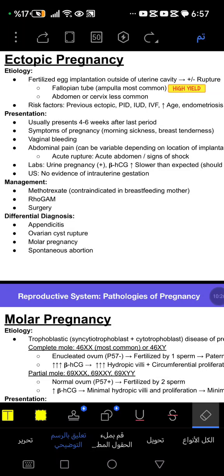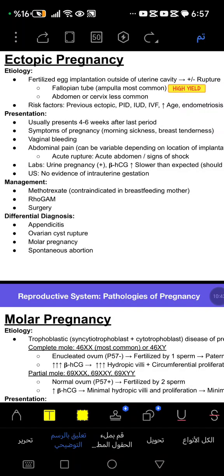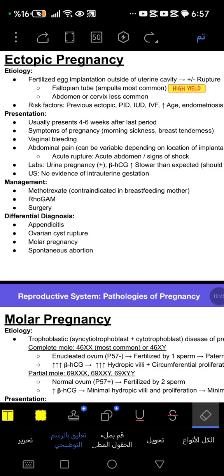It has a grape cluster or snowstorm appearance on ultrasound, but it has one thing similar to ectopic pregnancy, which is elevated beta HCG. So you should be careful in diagnosing. When you do an ultrasound, you will be able to detect the difference between molar pregnancy, either complete or partial, and ectopic pregnancy.